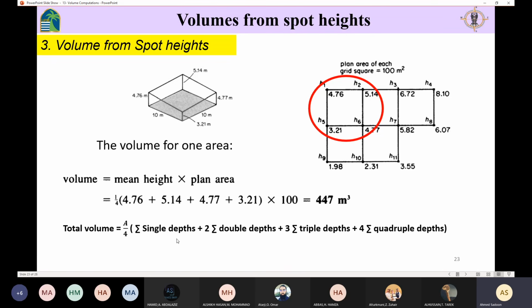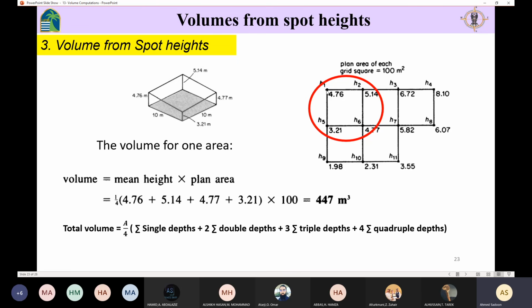Here we have single depth, double depth, triple depth, quadruple depth. The single depth is a depth that is not going to repeat itself. So for example, like H1. H1 here is not going to repeat itself. Why? Remember, this formula is a summation of this formula here. So in order to determine the total volume, I need to sum this part plus that part, plus that part, plus that part, plus that part. So this height 2 is going to be repeated twice.